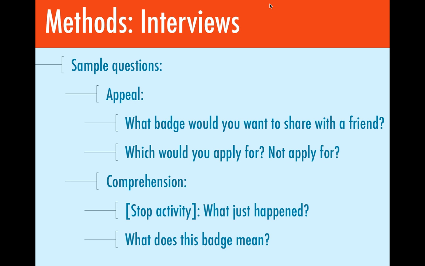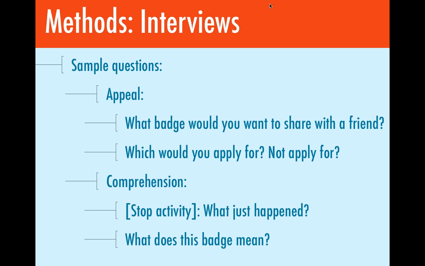I've mentioned appeal, comprehension, engagement and usability, but whenever I introduce a method and why it's used, I'm also going to give you some sample questions that I've used that maybe will help you as you test your badge system. So appeal: what badge would you want to share with a friend? Which one would you be proudest of? Which one would you apply for or not apply for? I think these are more precise questions than which badge do you like.